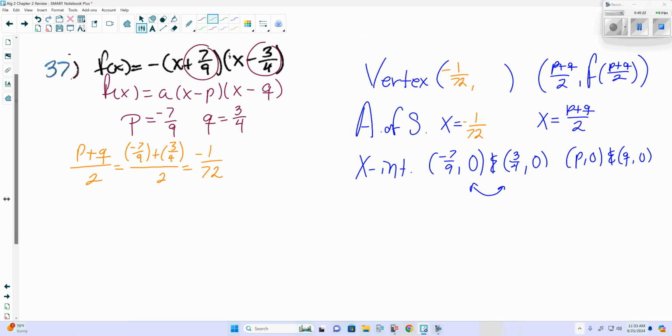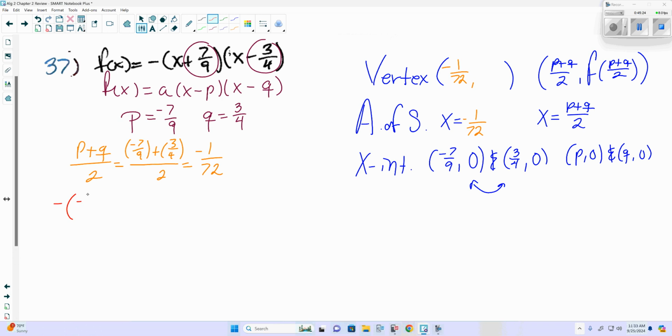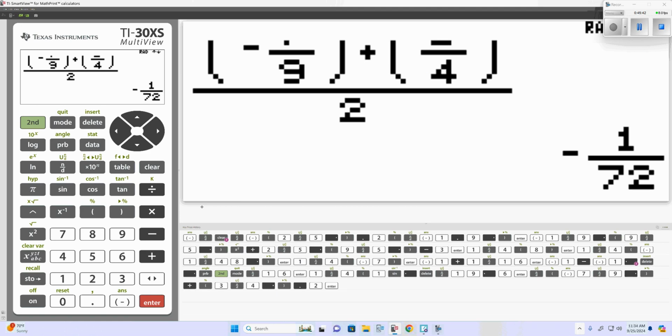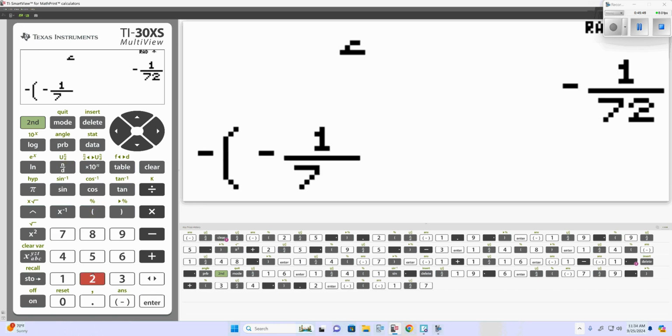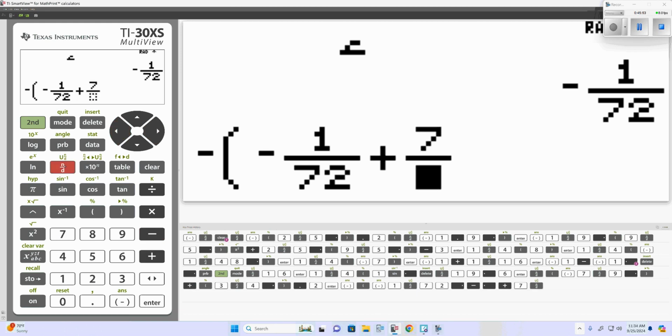And our f of, just like with standard form, all that means for us is plug it back in. So we're just going to plug that entire thing back into the calculator.